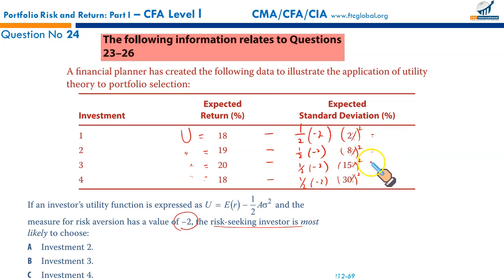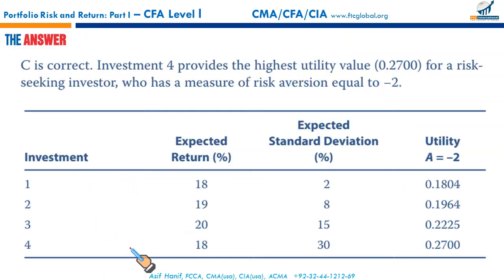Now if you simplify these for the investments' utility function, for the first one you will get 18.04%. The second one would be 19.64%. The third one would be 22.25%. The fourth one would be 27%. Now out of these, the option that is giving you the highest utility would be investment 4, that is option C. Correct.